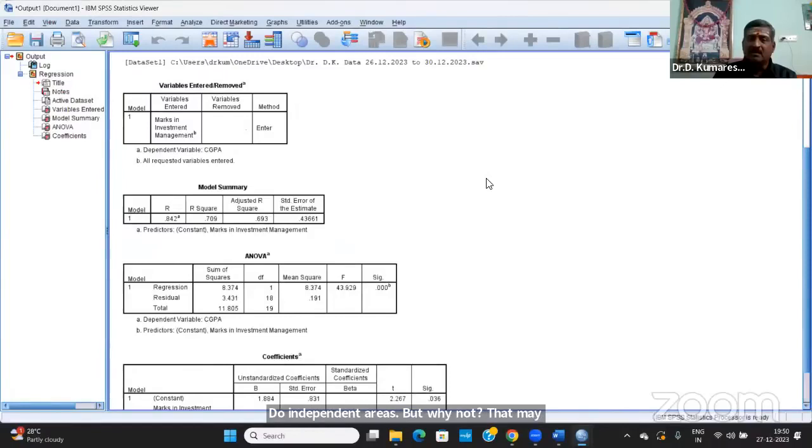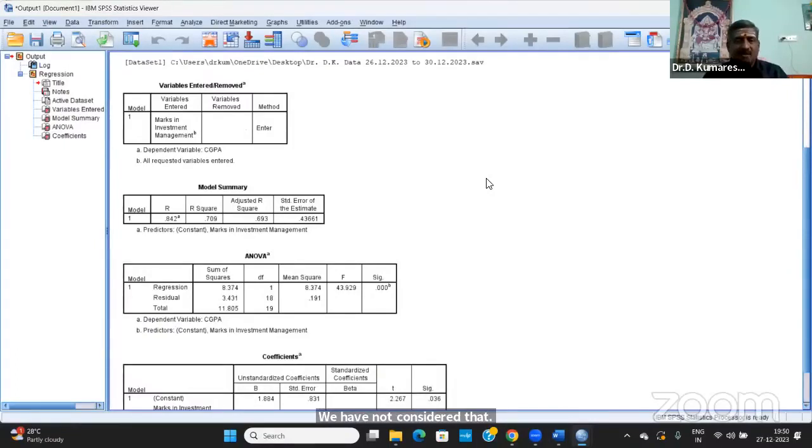There may be some other variables, no? Study at home. That is also an independent variable. But we have not considered that.